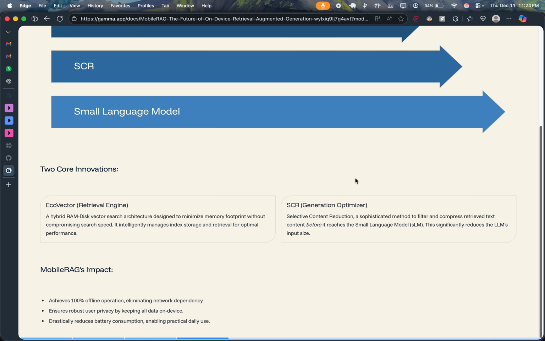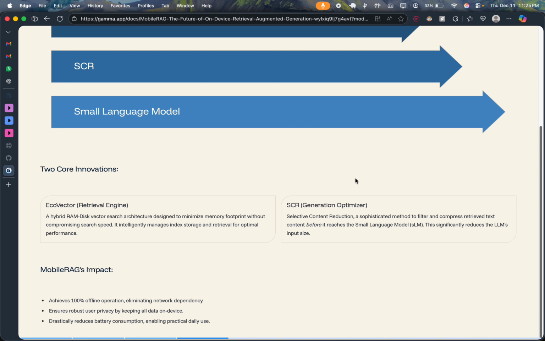The two components are EcoVector and SCR. EcoVector is the retrieval engine. It is a hybrid RAM-disk vector search architecture designed to minimize memory footprint without compromising search speed, and it intelligently manages index storage and retrieval for optimal performance.